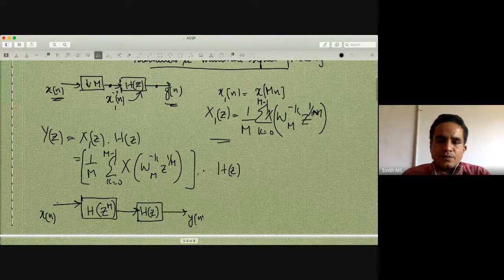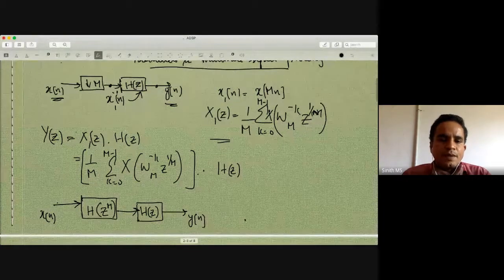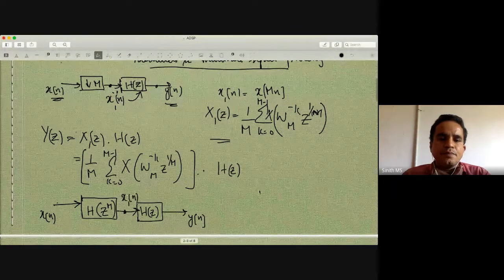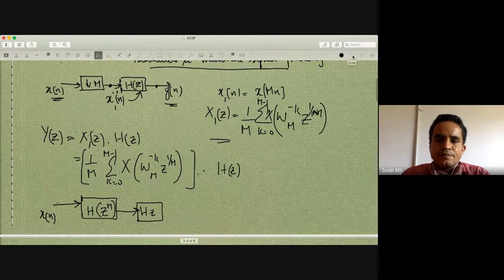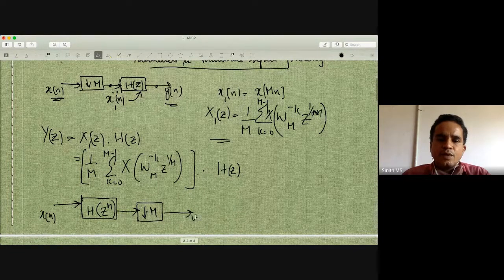So y of n, what will be here? Instead of H(z), I will put H(z raised to m), and you have a downsampler here, and you have y(n) here. Let us similarly take x1(n).